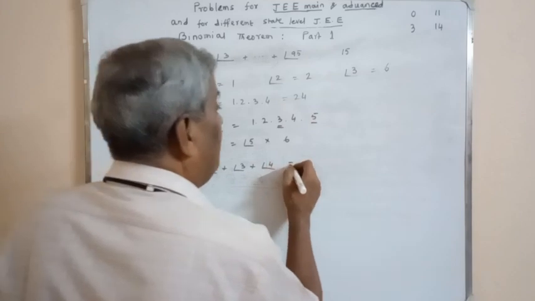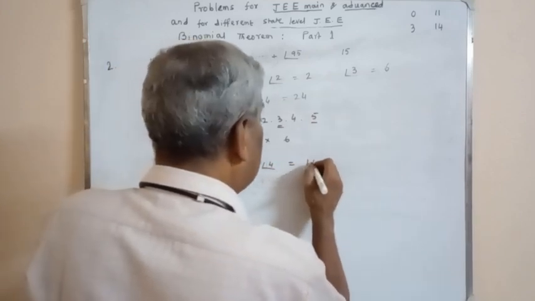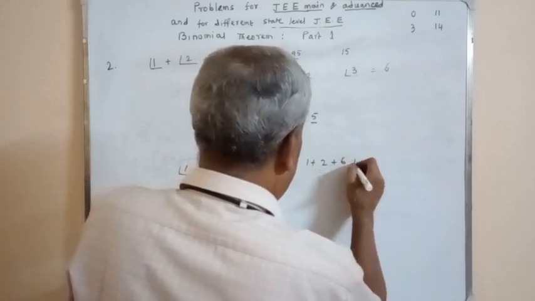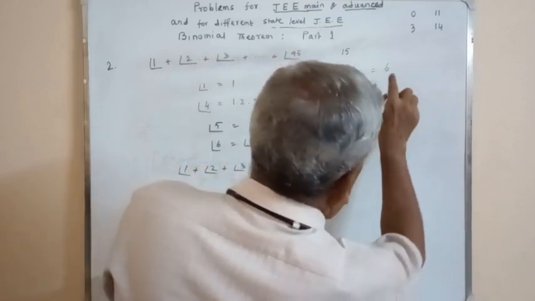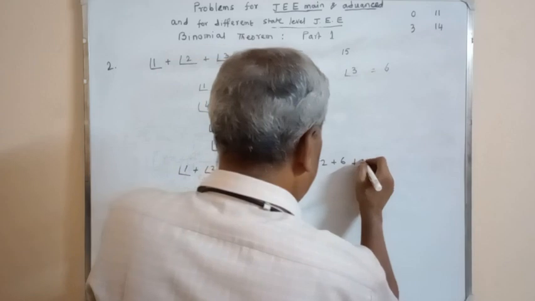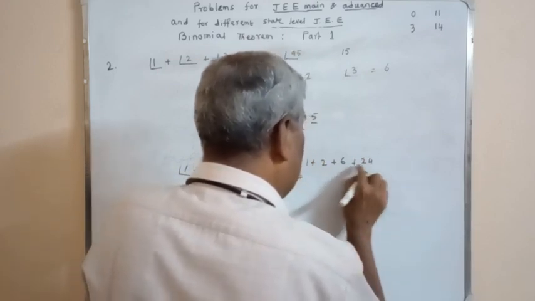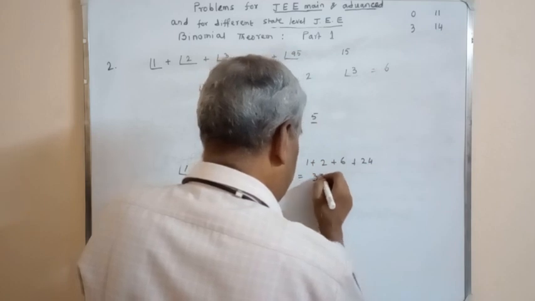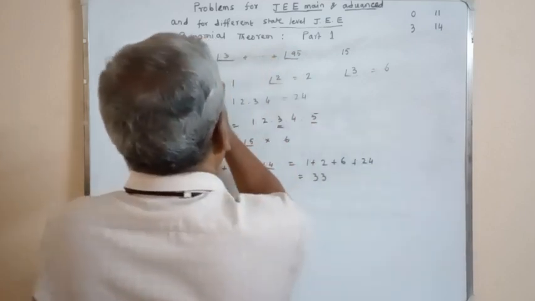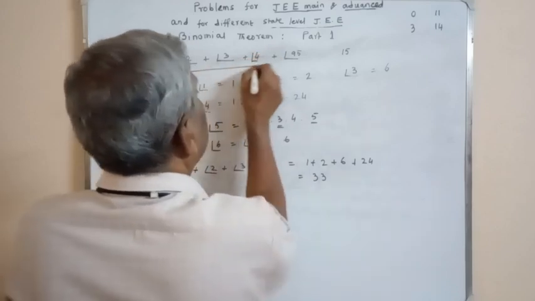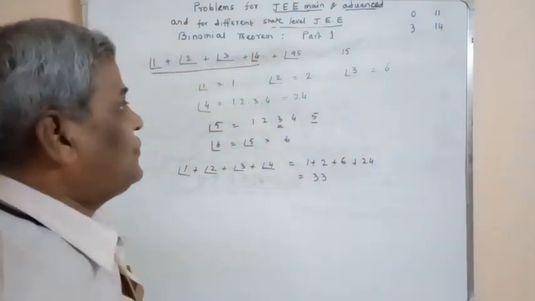It is 1 plus 2 plus factorial 3 which is 6, plus factorial 4 which is 24. This is actually equal to 33. The sum of this part is 33.